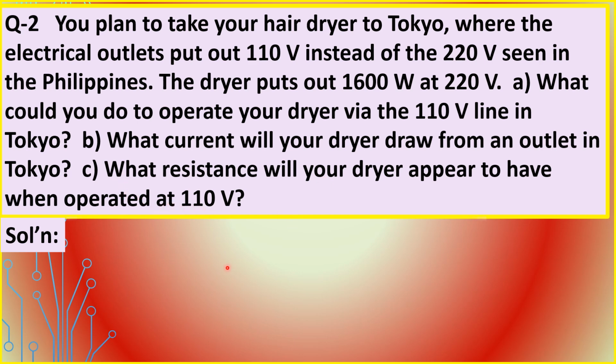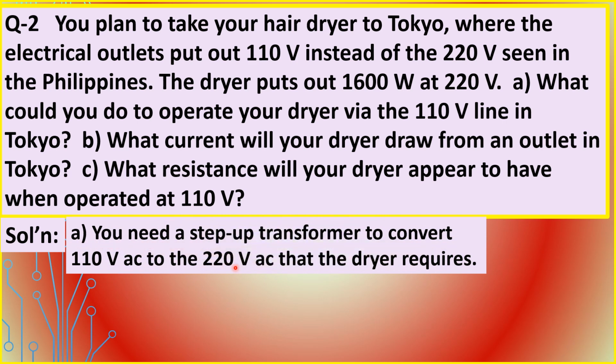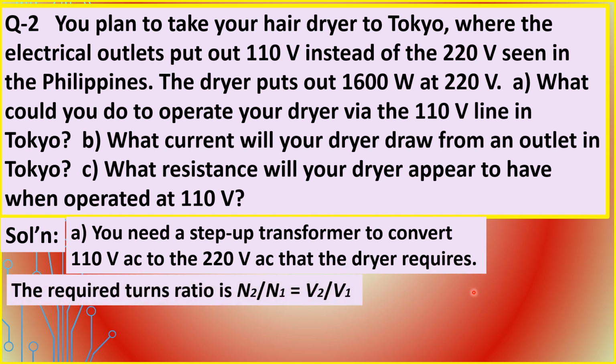So our solution for question letter A, you need a step-up transformer to convert 110 volts AC to the 220 volts AC that the dryer requires. And the required turns ratio is, using the formula, N2 over N1 equals V2 over V1.